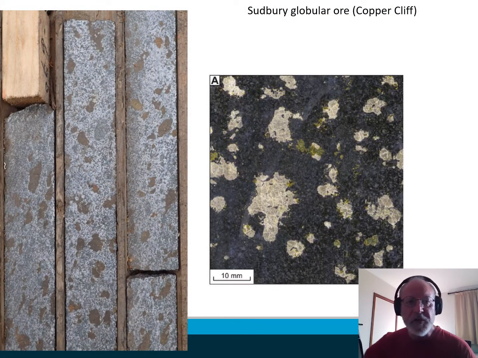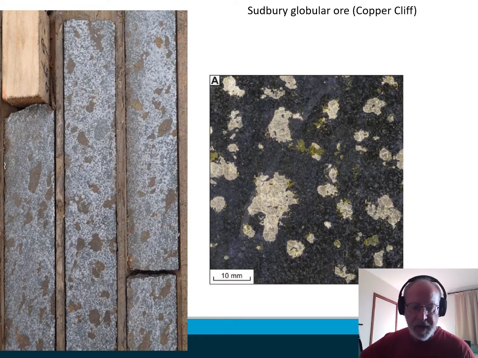This is one variation, and this is a very important, very common ore type which is found in the Sudbury ore deposits in Canada. You would have heard in your introductory lecture to magmatic sulfides that the ores at Sudbury formed as a result of a cataclysmic meteorite impact, which melted a big chunk of the crust, including a fair bit of sulfide, and the sulfide then accumulated at the bottom of a gigantic melt sheet.